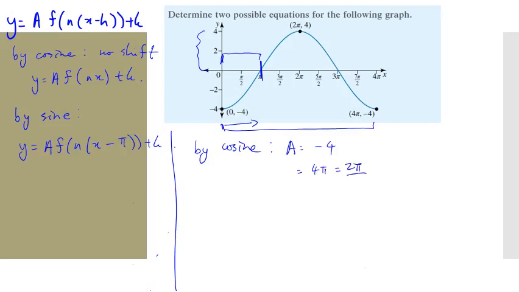Well, it's also equal to 2 pi over n. Oops, made a mistake. That should be p. So then n is equal to 2 pi over 4 pi, which is a half. And then our k, if you have a look, the center is at 0, so our k is 0. So therefore, y is equal to -4 cos of a half x.